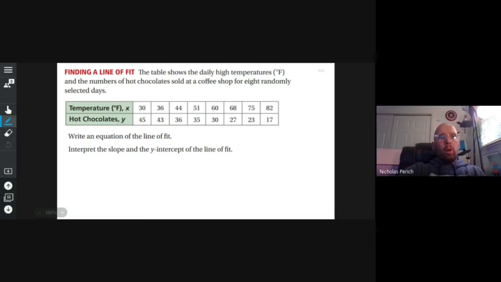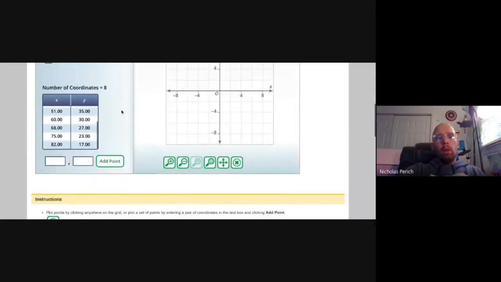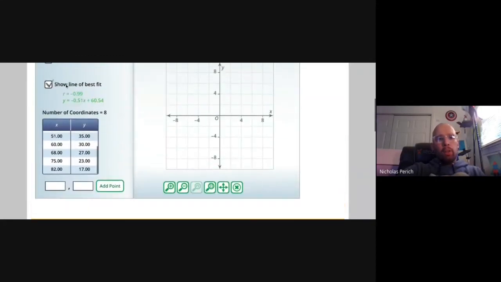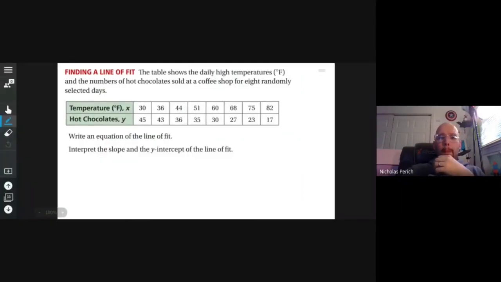All right, so I typed in all my points. I typed them in correctly. The line of best fit is y equals negative 0.51x plus 60.54.